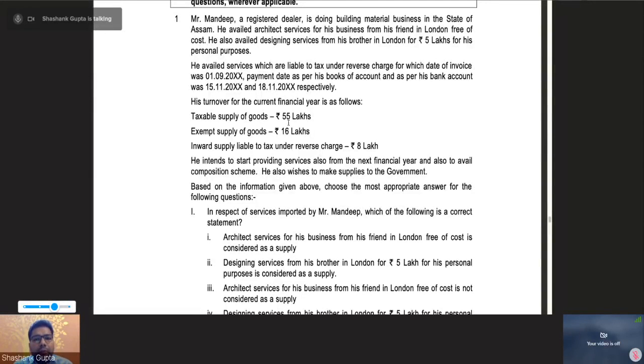His turnover for the current financial year is as follows. The taxable supply of goods is 55 lakhs and exempt supply of goods is 16 lakhs. Inward supply liable to tax under reverse charge is rupees 8 lakh.